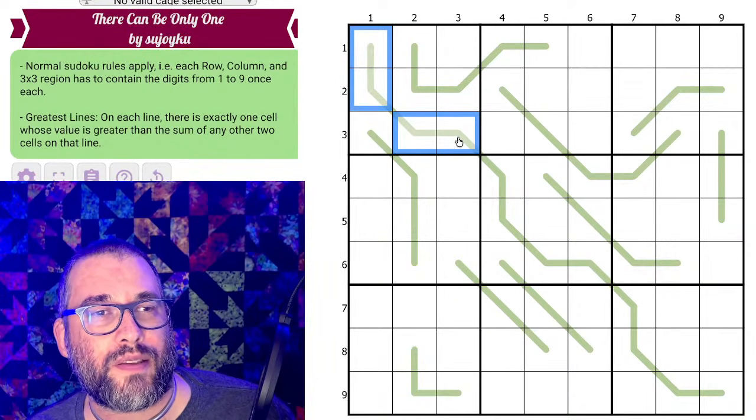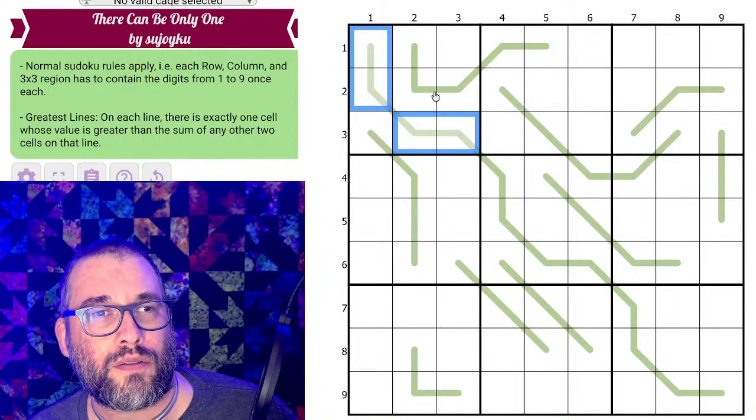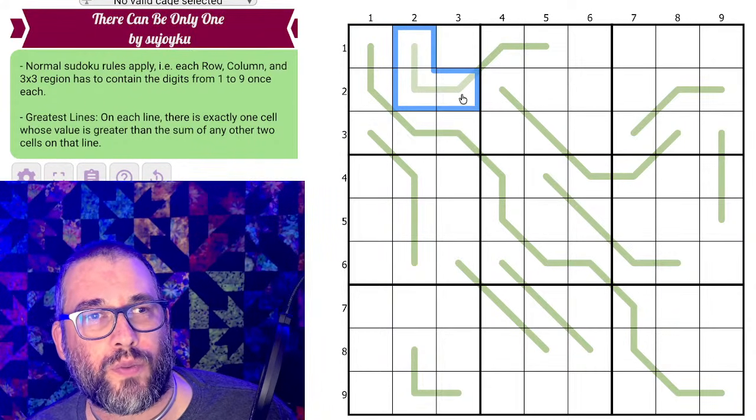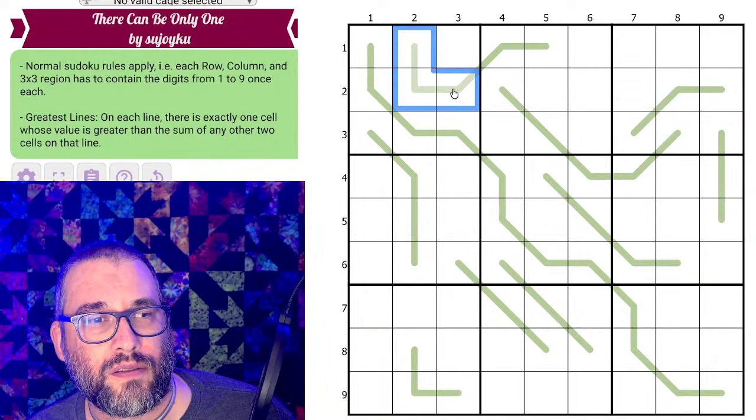And we're saying this can't be 1, 2, 3, 4. Because if this was, then that absolutely blows up this line.